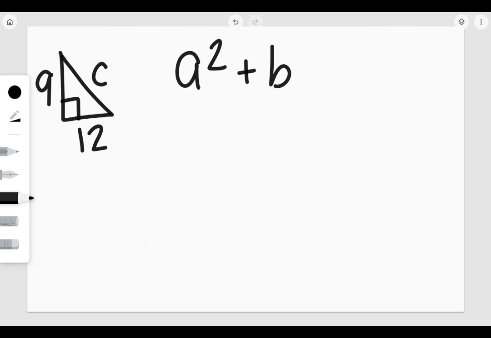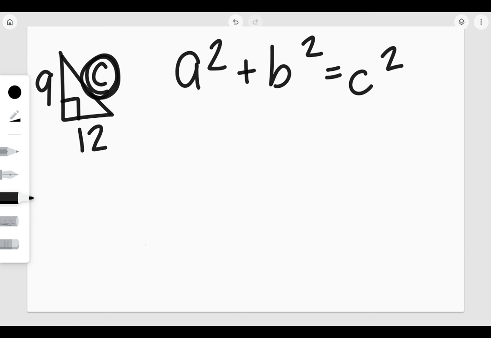I'm going to do a right triangle with side lengths 9 and 12. What is the side length for C? All of this uses the Pythagorean theorem and what we know about solving equations to find C. Now, this is where I don't want you to get confused. We're not looking for C squared. We're looking for C.